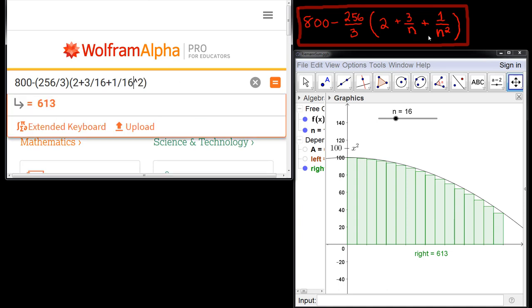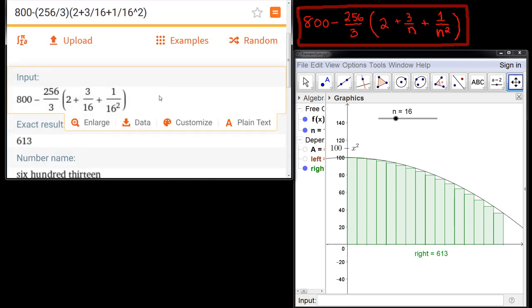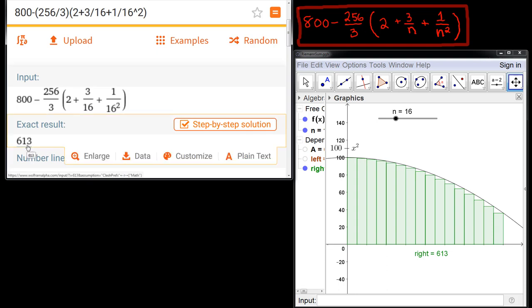Well, and there you go. You can see it right there. Wolfram does this calculation, and it gets exactly 613.